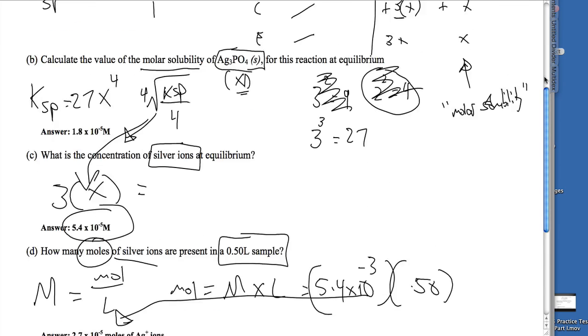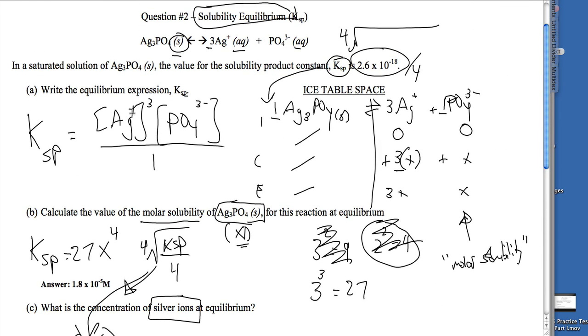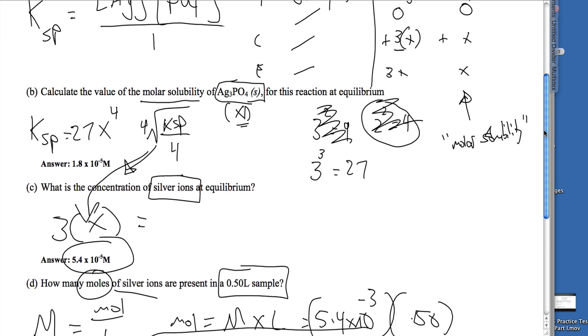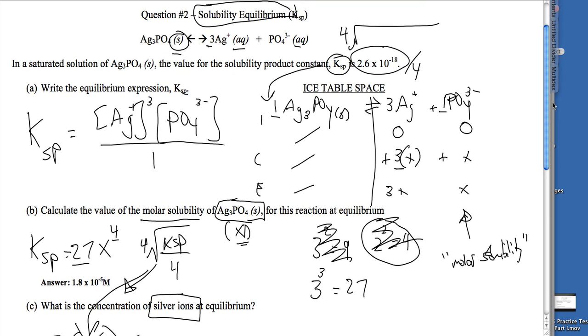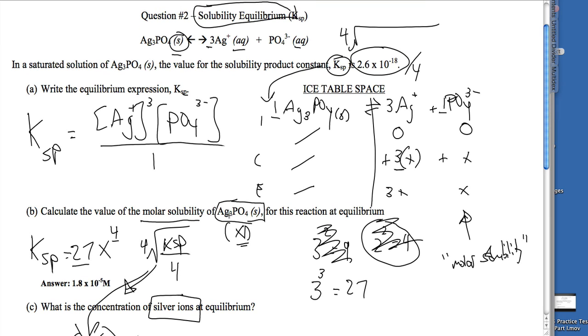So initially what we did is we wrote the KSP expression and rewrote the ICE table. We realized it was a KSP problem, so we found the greatest coefficient. We added 1 to it to get the exponent. We raised the 3 to itself to get the coefficient. We rearranged this into this format here to get x. X represents the molar solubility of Ag3PO4. It also equals the concentration of phosphate ions at equilibrium.